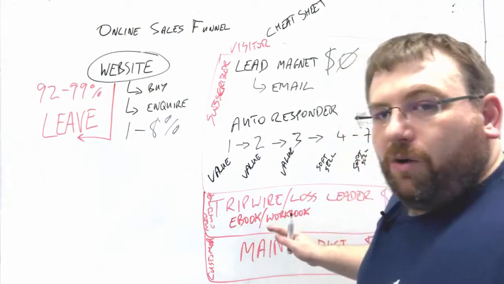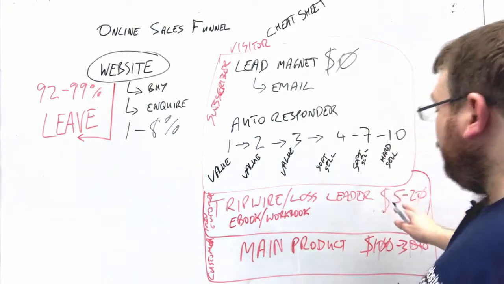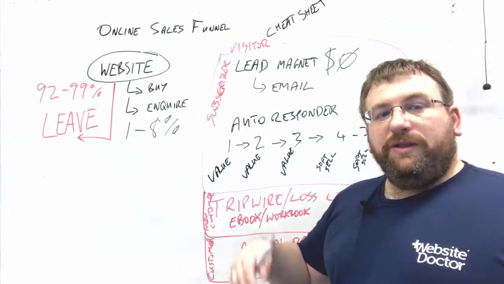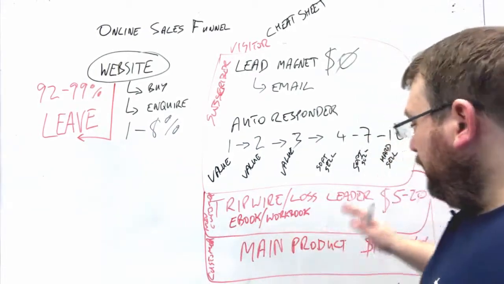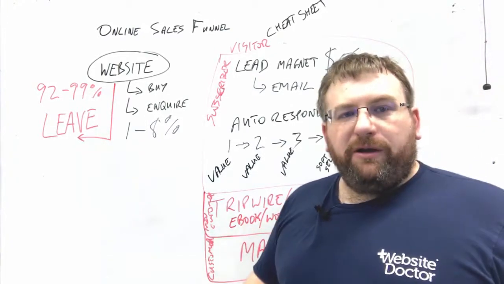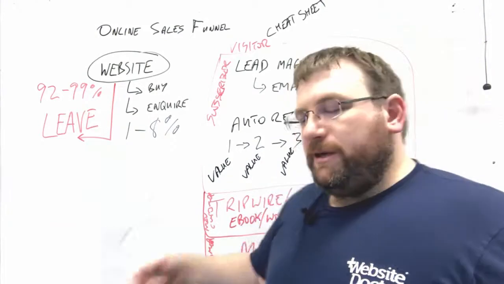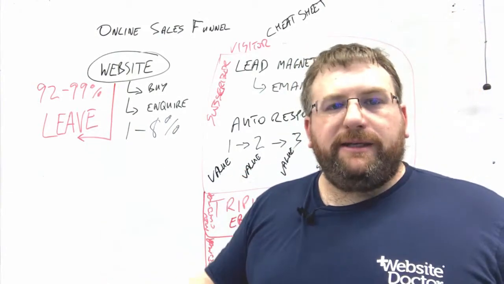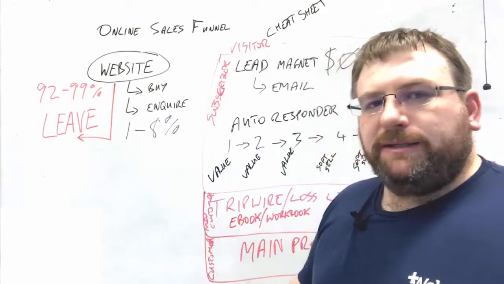So they then go for this low value or low priced product. And on the thank you page for that, you can then offer them another upsell. You say, thank you for buying the Tripwire. Would you like to buy our main product, which is normally $300, but because you've opted in and you've bought our Tripwire, we'd like to offer you that today for 30% off or 40% off, whatever that is.